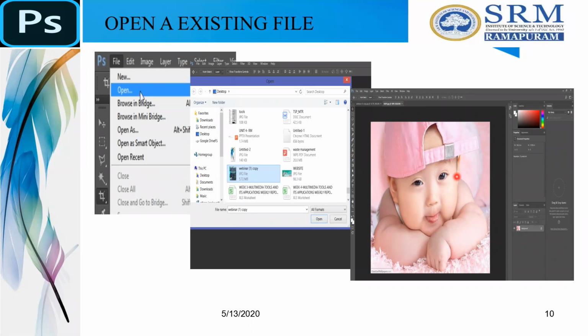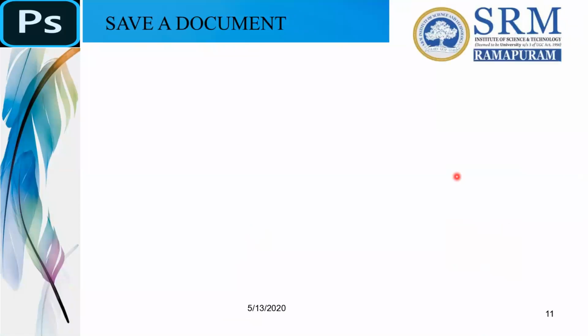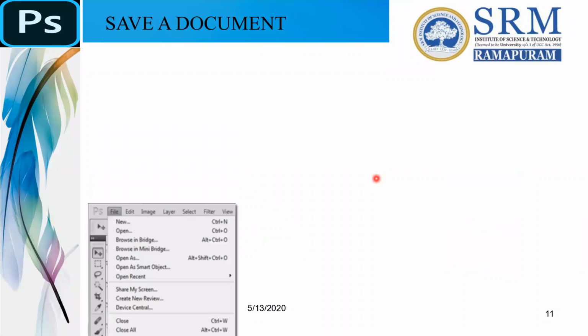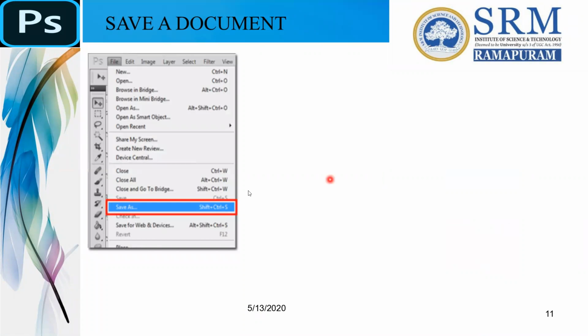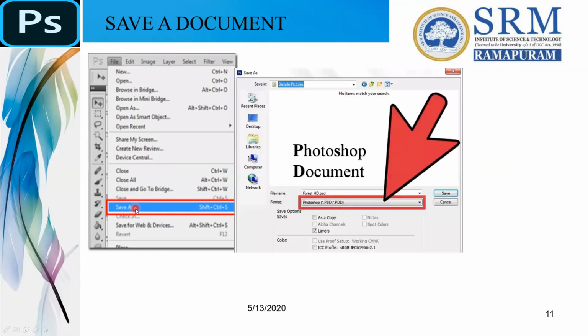Next, after you open an existing document or a new document, you have to go for saving the document. For that, you go to File and choose Save As. You can save it in the Photoshop PSD format. PSD is Photoshop Document. If you click on the drop down menu, you'll have some other options, but initially you have to save it as a Photoshop document, because whatever changes you want to perform later, you can do with that.